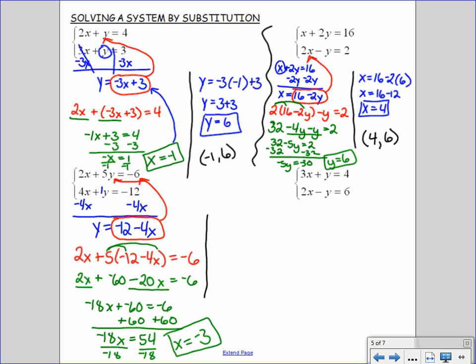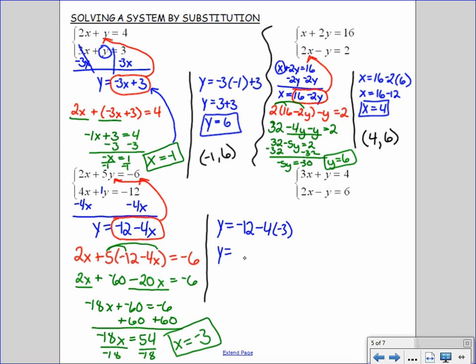Plug that back in up here on one of our original equations, or in this equation that we rearranged. Y is equal to negative 12 minus 4 times our x value of negative 3.